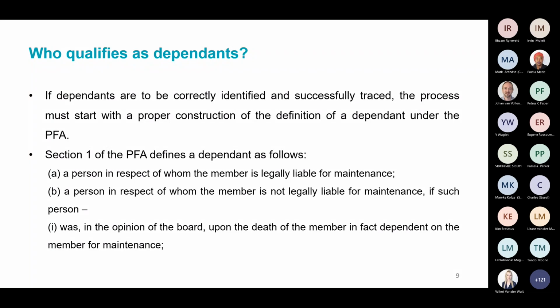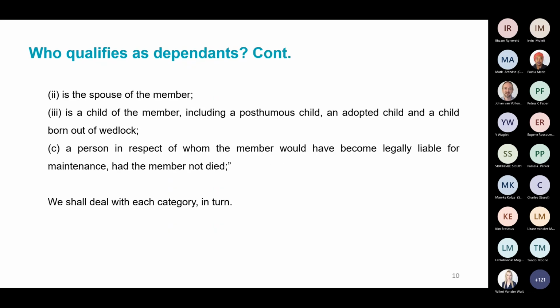So that is your B1 dependence. B2, is the spouse of the member as defined.